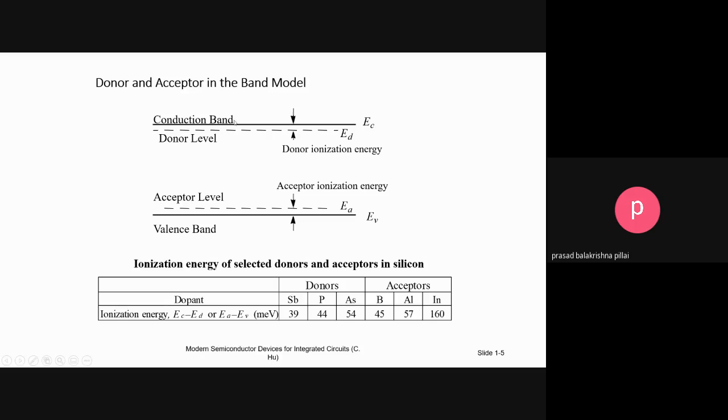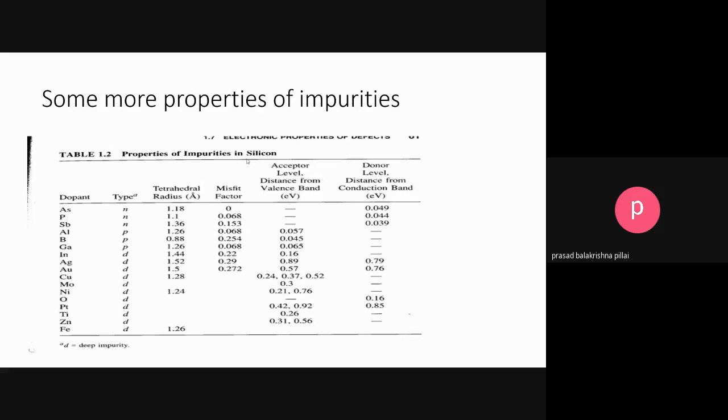Whereas if they form levels towards the middle of the band gap, you can see again, 1.1 is the middle, so these levels are towards the middle, and they are known as deep levels.